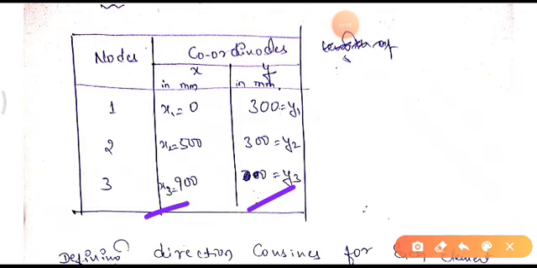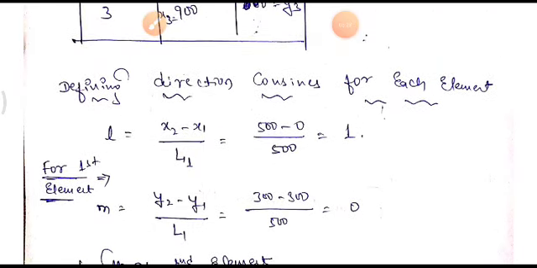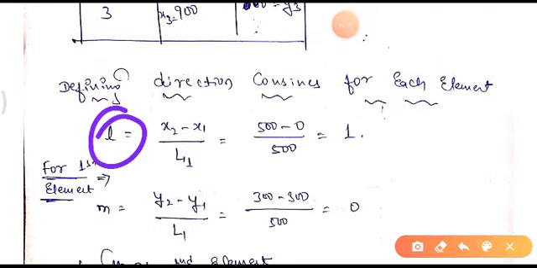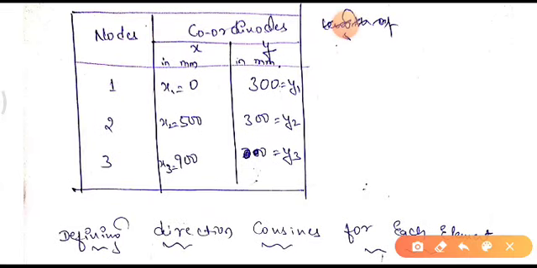Once you define the coordinates of each node, next we need to define the direction cosines. Here the direction cosines L and M for the first element: L is x2 minus x1 divided by L1, where x2 is the x coordinate of node 2 and x1 is the x coordinate of node 1.